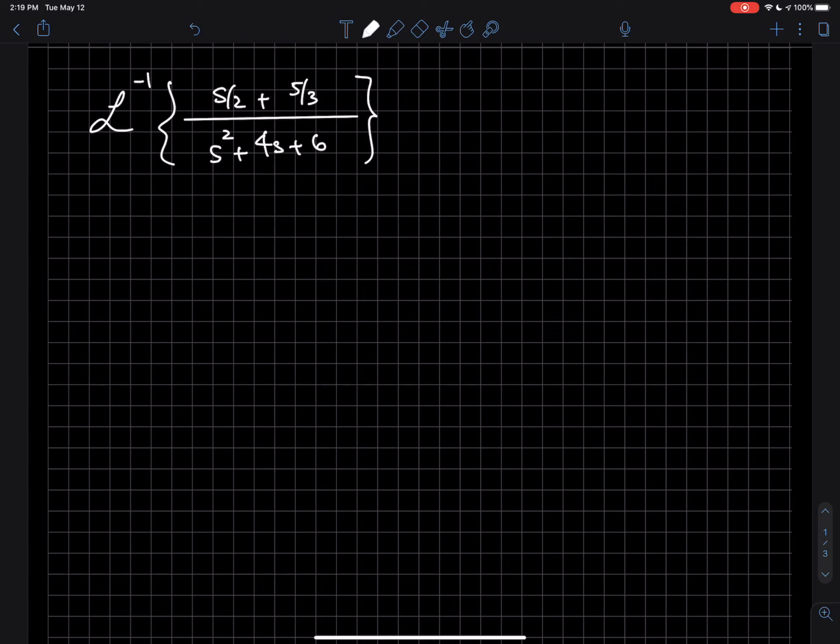Okay, so now, again, I notice I need to complete the square. It's pretty much the same example, so I'm going to drive through this a bit faster.